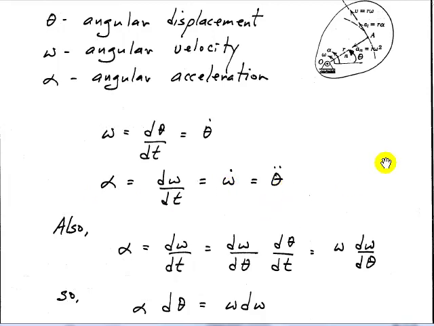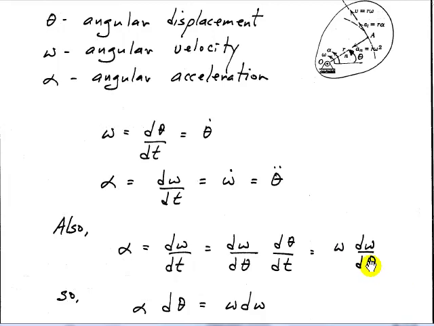Now, we have two definitions very similar to what we had on the upper left-hand corner of the equation sheet, but involving rotational variables. And just as we did with the linear variables, acceleration, velocity, and position, we can say that angular acceleration is d omega dt, but that's d omega d theta times d theta dt, and d theta dt is omega.